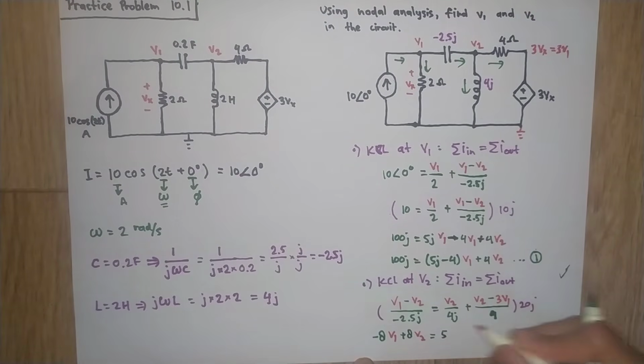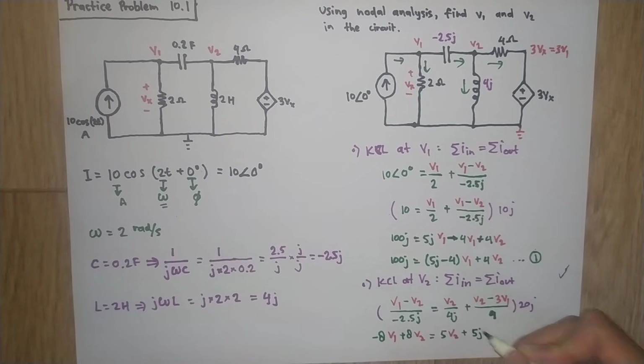And then plus 4 with 20J will cancel out into 5J, so I will have 5J of V2, and then this one should be minus 15J V1.